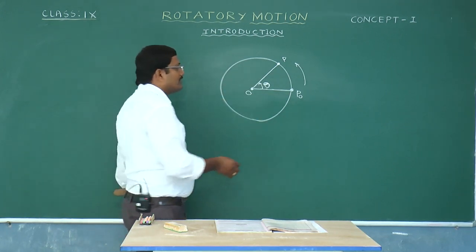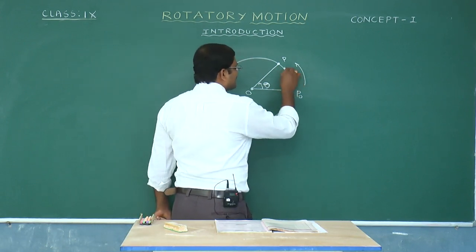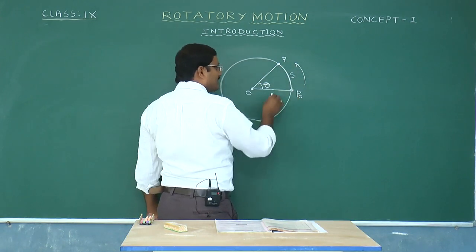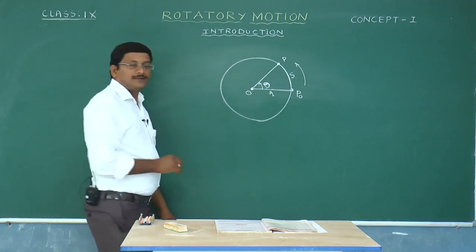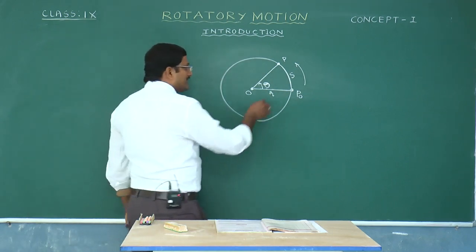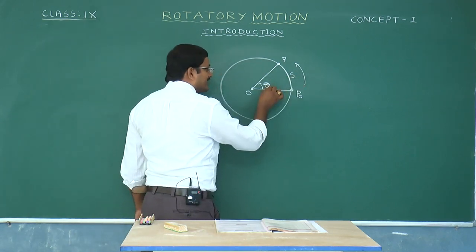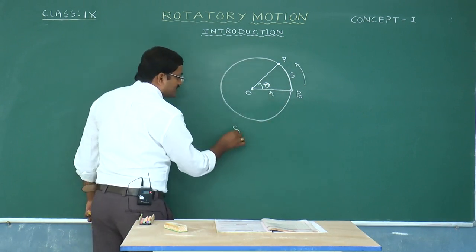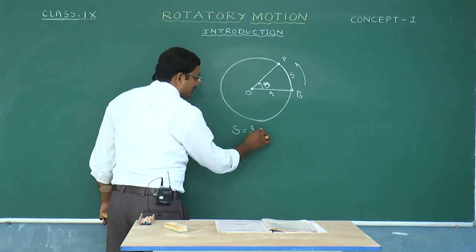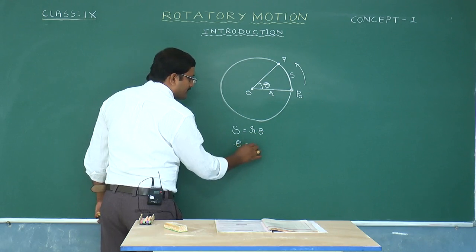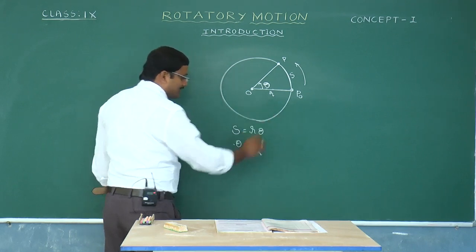Let us consider that a distance S is described on the circular path. If the radius of the circle is r, then the relation among S, theta and r can be written as S is equal to r theta, so theta can be written as S by r.